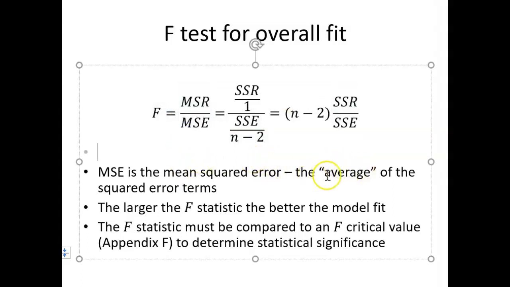Okay, and that's interpreted as the average of the squared error terms. Okay, and similarly, we divide SSR by 1 because we have one regressor in the model, and we call that the mean squared regression, MSR.